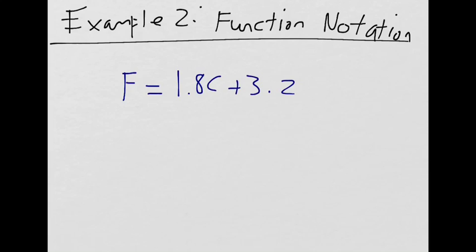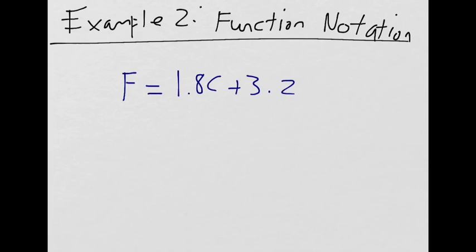So this equation right here is, so far, written the same way any other relation equation would be written. Because it is a function, we can rewrite it using some special function notation. Think of this big F as being the name of this function.